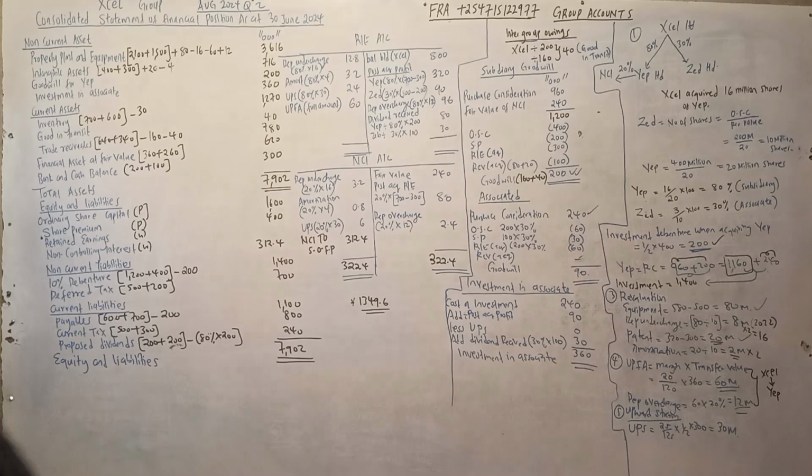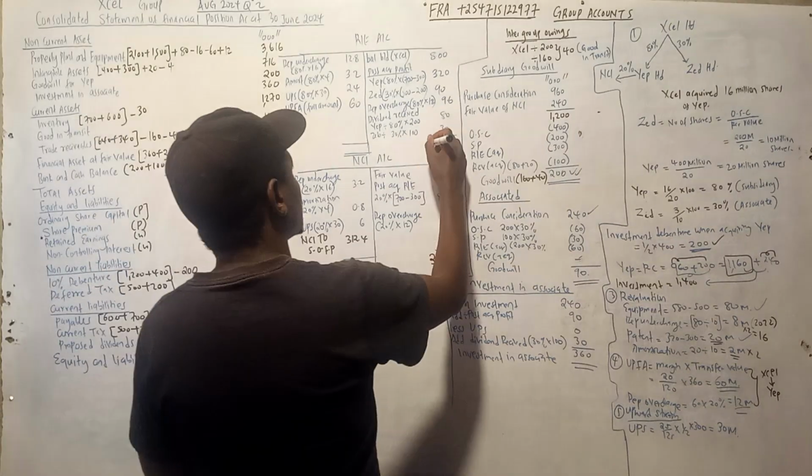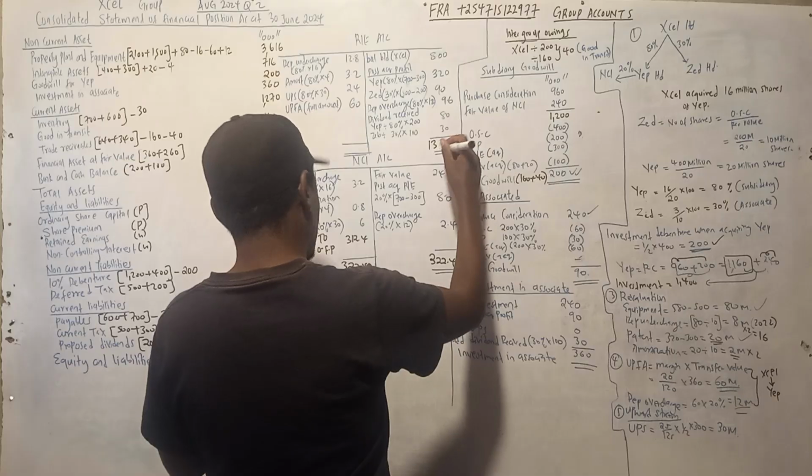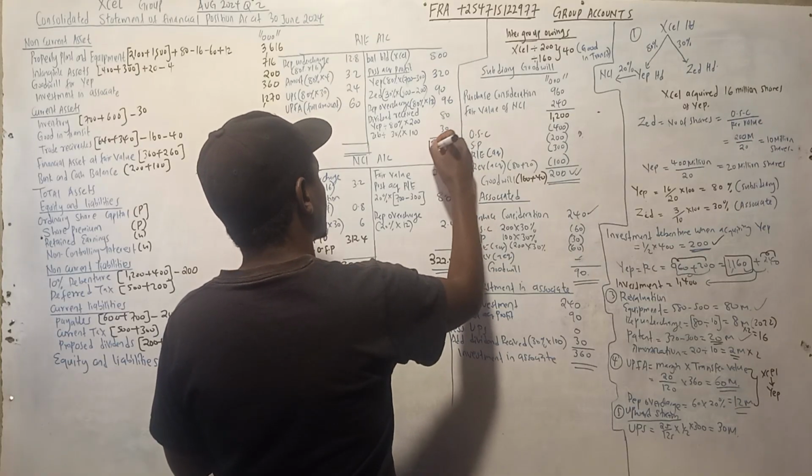So let's balance the account. 800 plus 320 plus 90 plus 9.6 plus 80 plus 30. That is 1329.6.